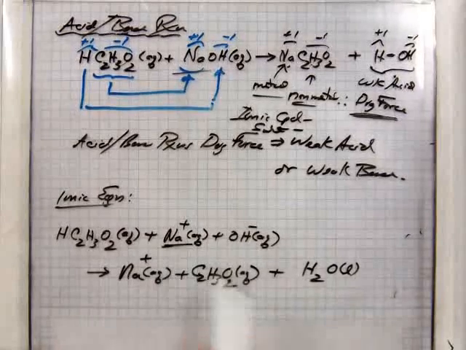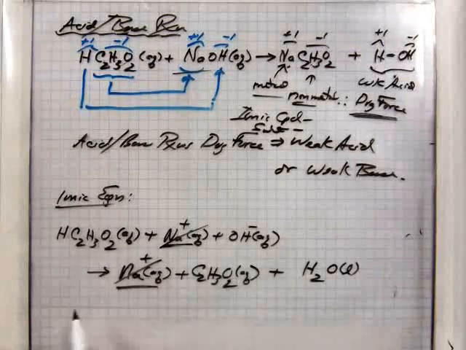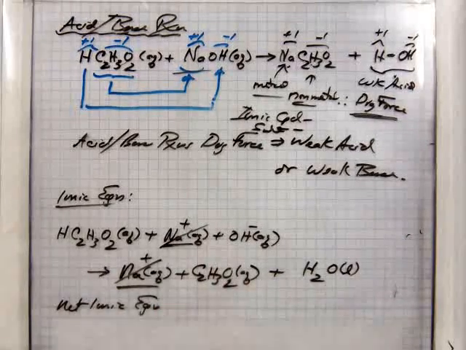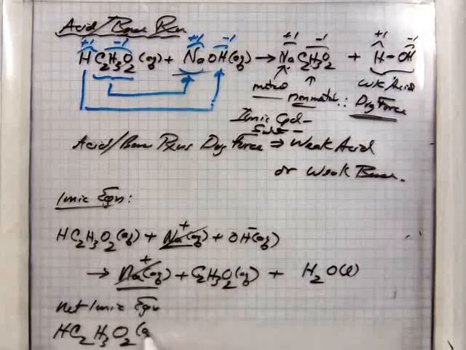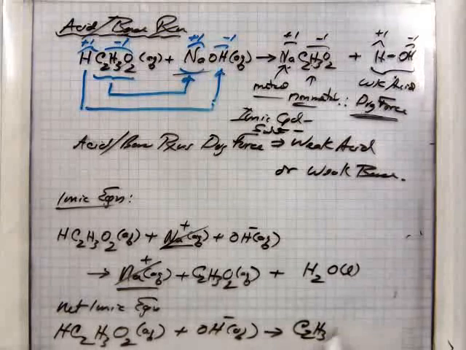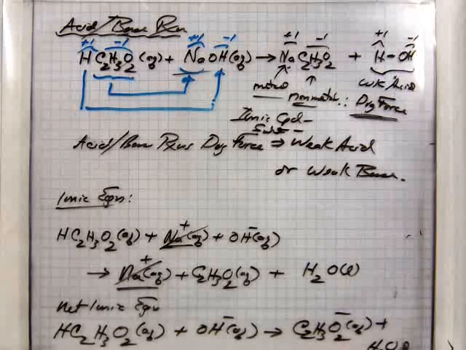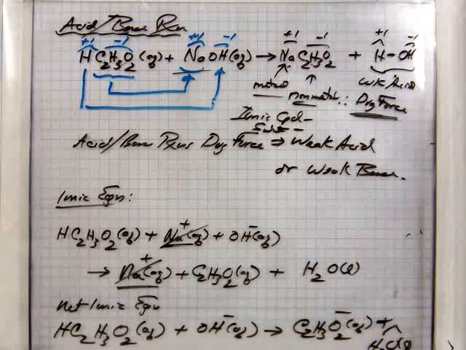It has only one spectator ion, so you can cancel that, and the net of this is everything except the sodium, and so you have HC2H3O2 aqueous plus the hydroxide aqueous going to the acetate ion, C2H3O2 minus aqueous, plus water. Right there.